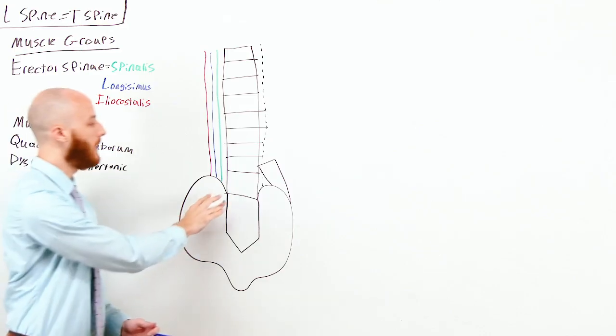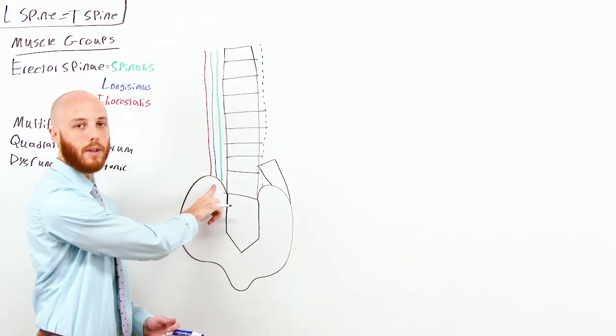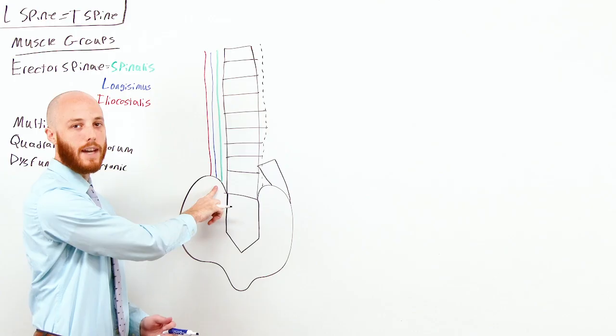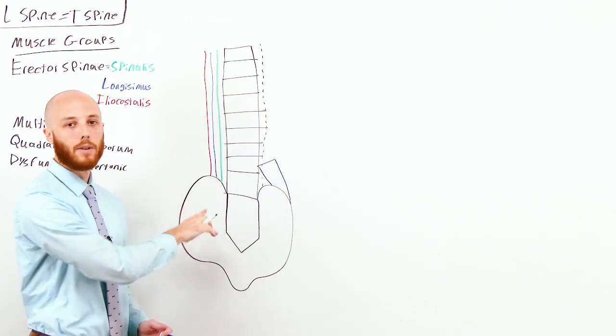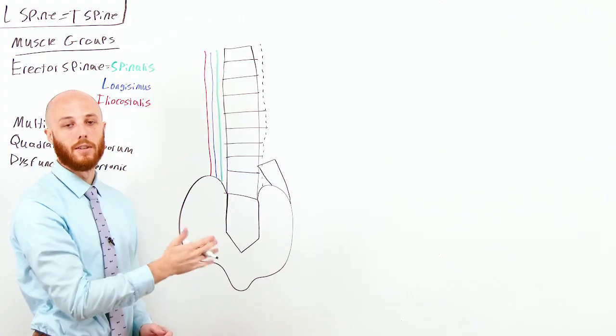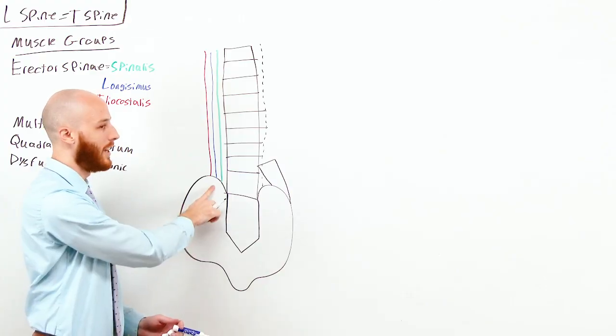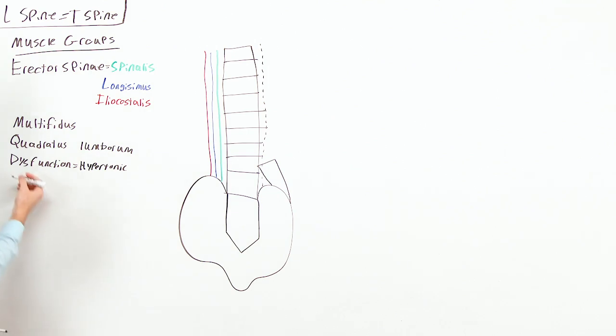So if you think about what these muscles originally do, they're located on the posterior side of the body near the spine. They're going to assist in extension of just standing up straight. So we're going to use these muscles to talk about how to use the myofascial technique.